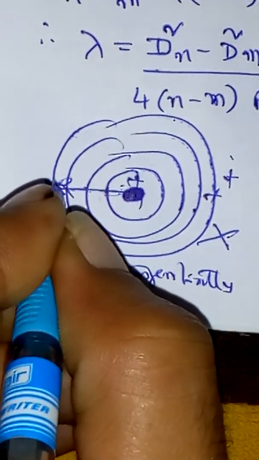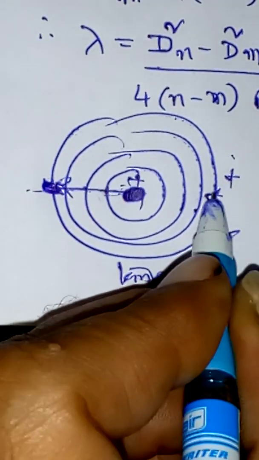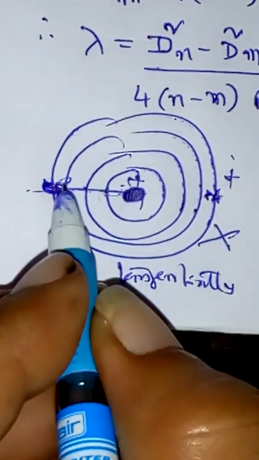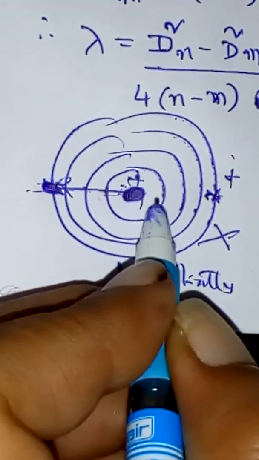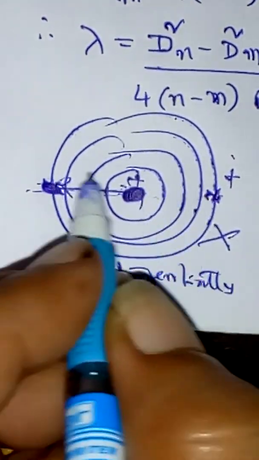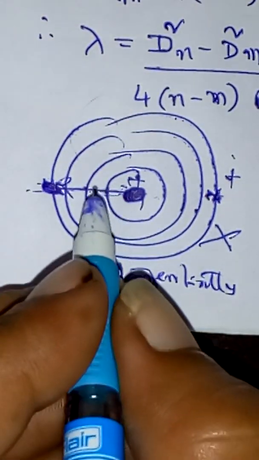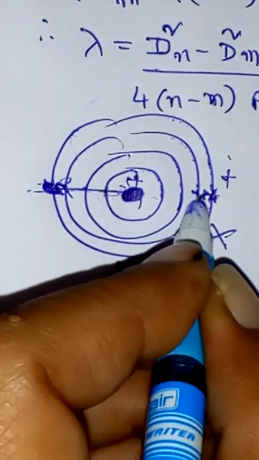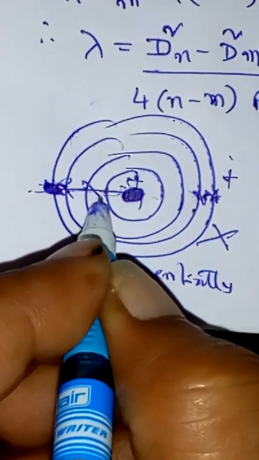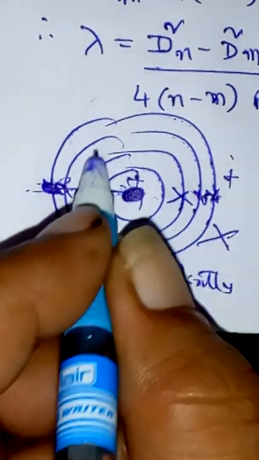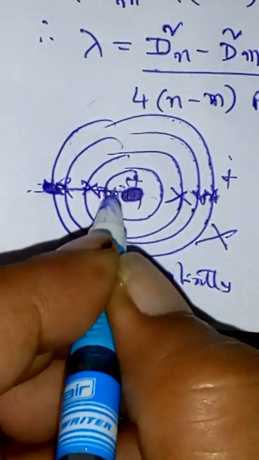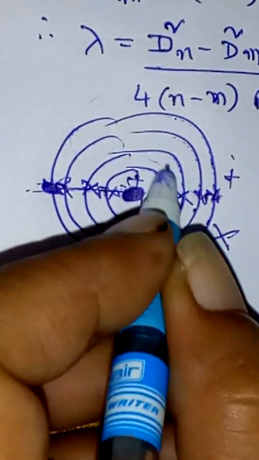You take the reading of this ring on the left side, and the reading of this on the right side. The extreme left reading and the extreme right reading, the difference is the diameter. Diameter of this ring. Similarly, this reading difference gives you the diameter of this.